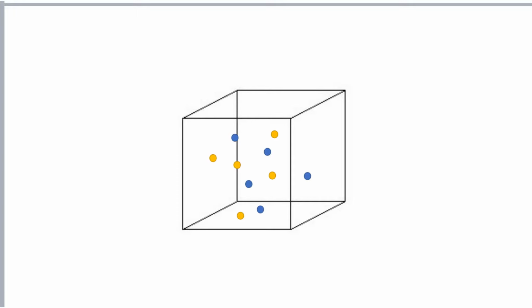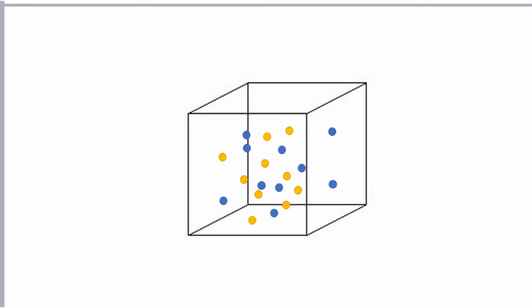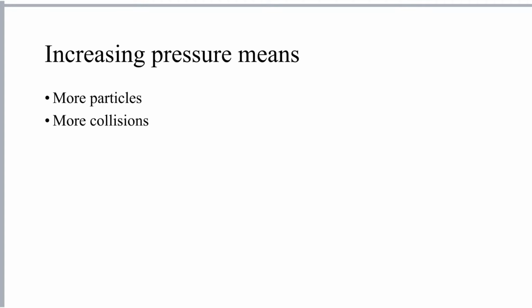This would have a lower pressure than this example here, where we've got exactly double the number of particles of each gas. Exactly the same thing happens to the rate of reaction. Increasing the pressure means we've got more particles and therefore more collisions. More specifically, at a higher pressure we've got more particles per unit volume and therefore more collisions per unit time.